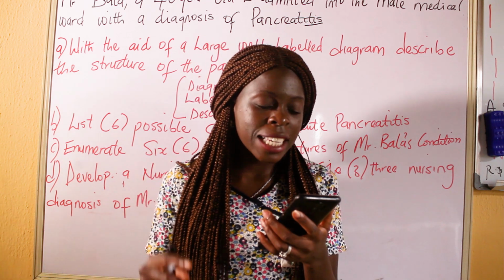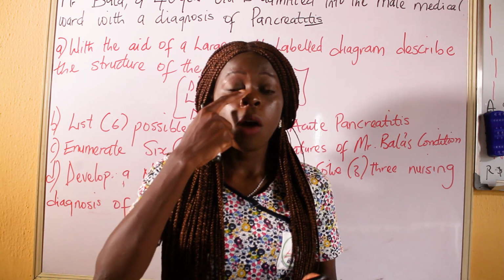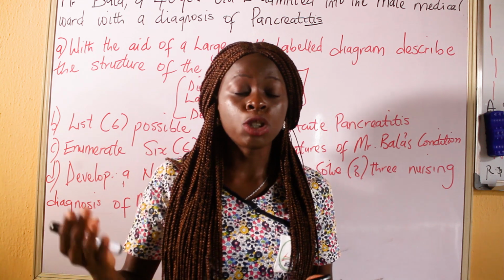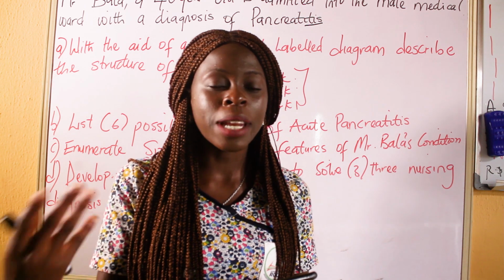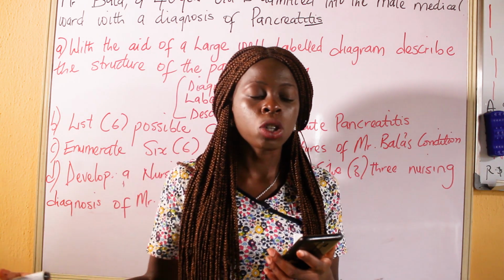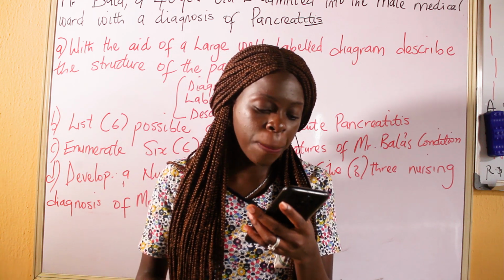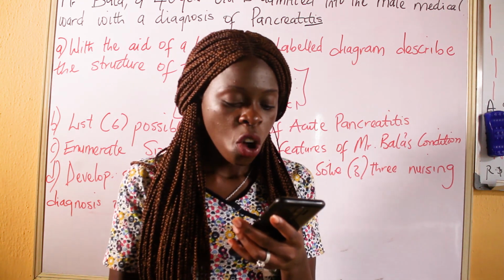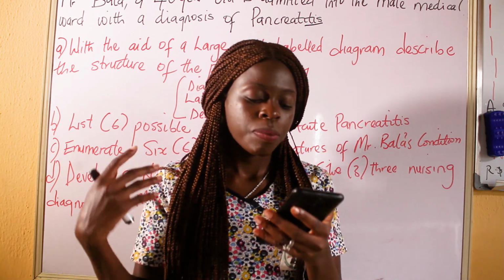Then the size, it is about 6 to 10 inches long. I'll be dropping the 9 abdominal regions for you to see on the board. I'll make a video on that, so you know the various regions in the body. Then in terms of the shape, it is like a flat spear, or a fish, extended horizontally along the abdomen.